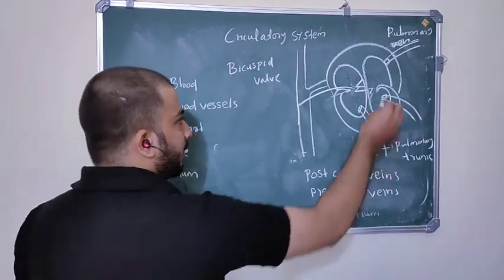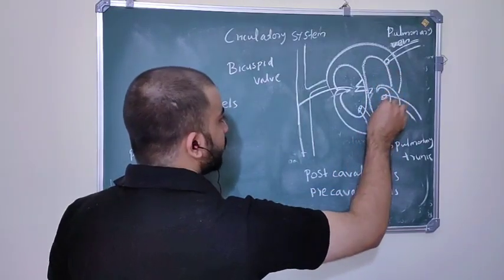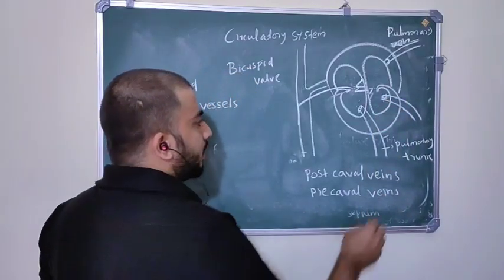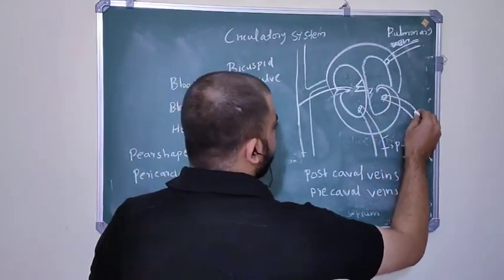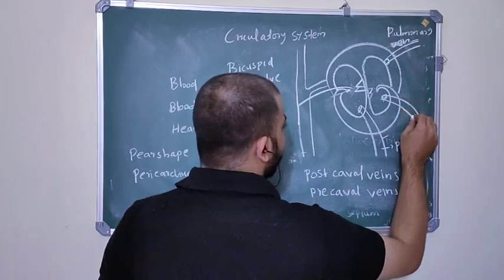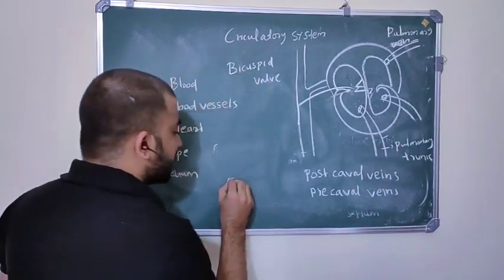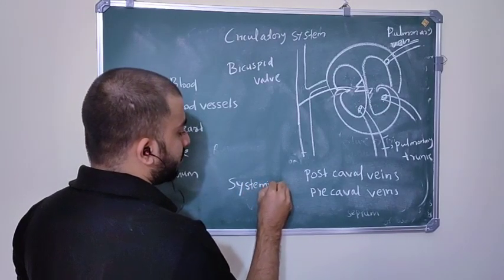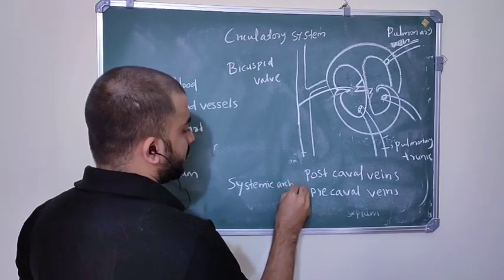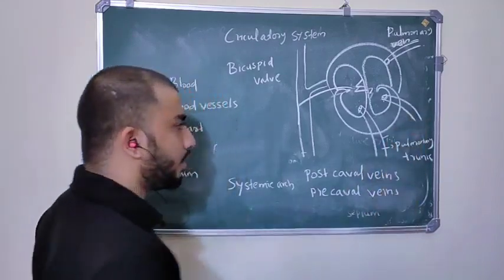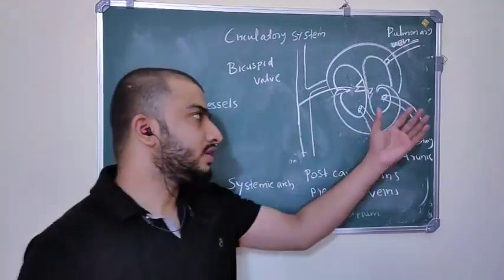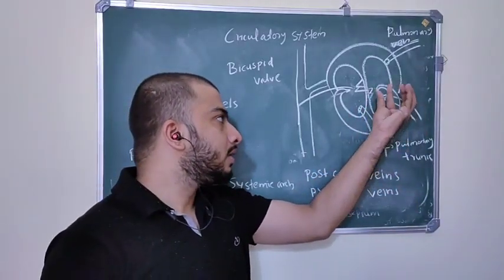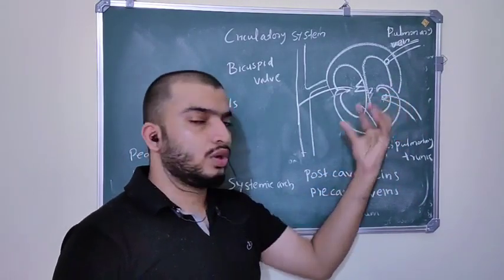From the left auricle, blood goes to the left ventricle. From the left ventricle, blood goes into another blood vessel, called the systemic arch or aorta. The systemic arch takes blood from the left ventricle.